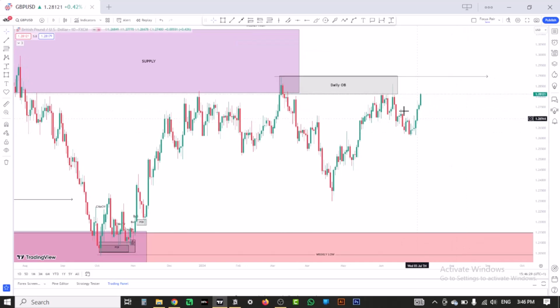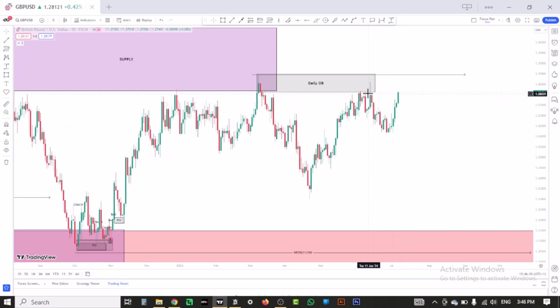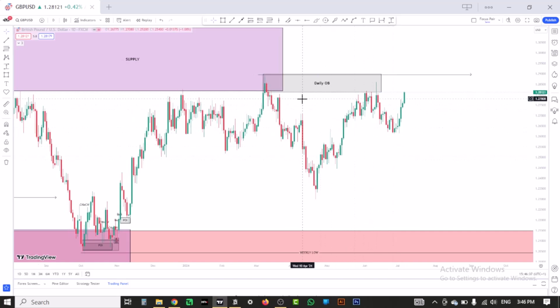Price has mitigated that level and started dropping from that region. Let me show that. You can see we have this level being taken out, then price reacted to this extreme order block here.